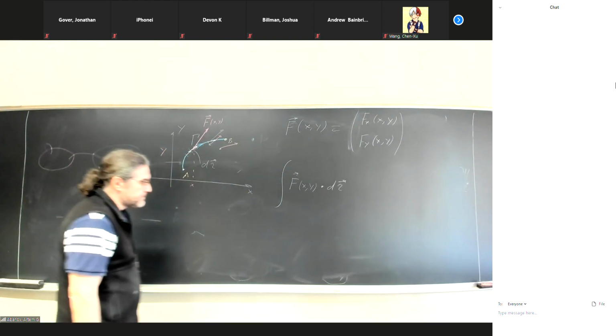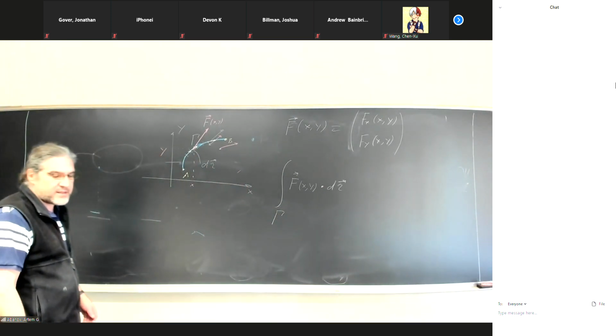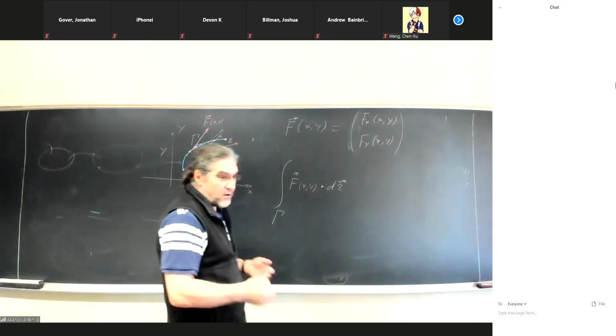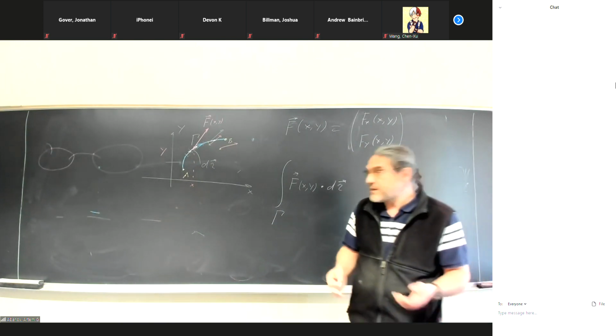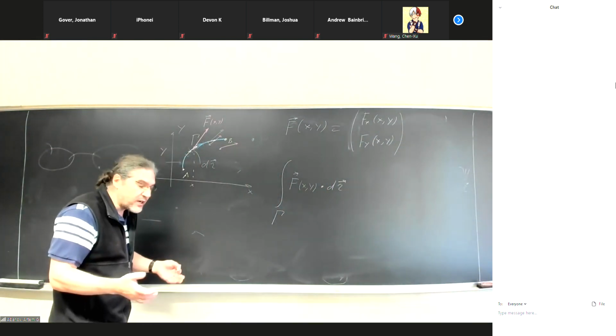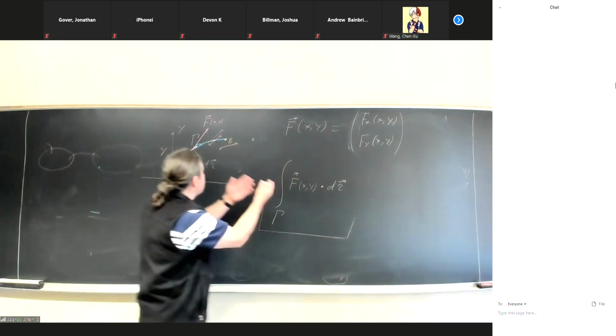And that's along the path gamma. So this is called the integral of the vector field over the path gamma. Now again, I want you to understand that there is no magic here. This expression means this construction.